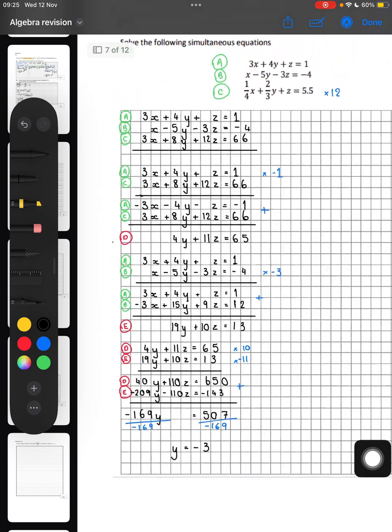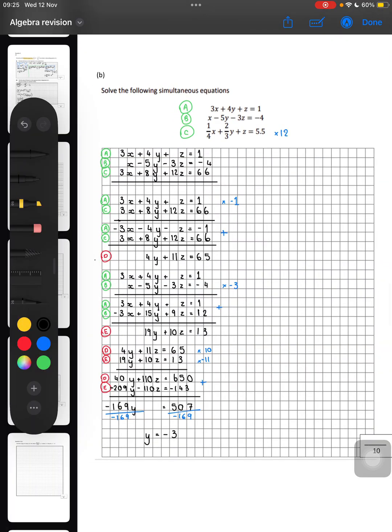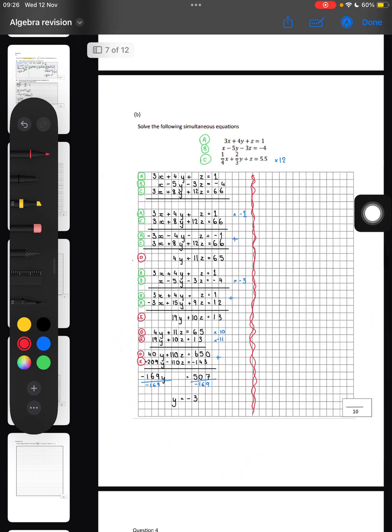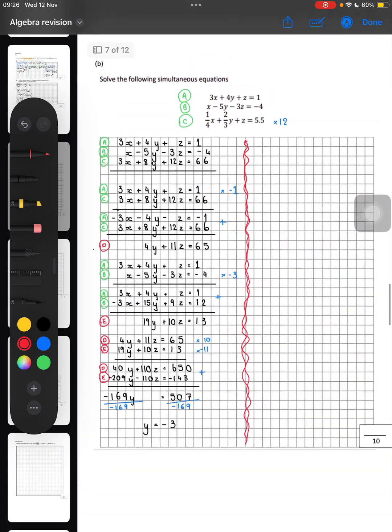Now I've run out of space, so I'm going to put a clear mark down my page because I haven't gone into the second half of this. If my writing went really far across my page, I'd have to write in 'go to spare paper', and on the spare paper in the back do write in its question, whatever question this is, 3b continued.